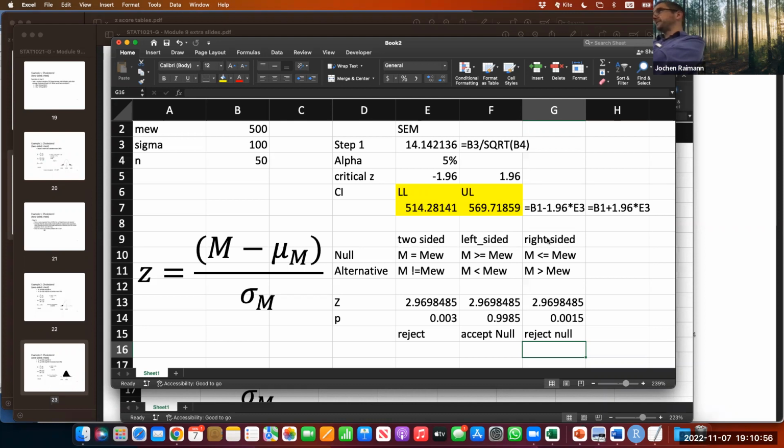Yeah, that's one of those concepts. But also two-sided, left-sided, right-sided. What you need to follow is the research hypothesis. It points downwards because you're hypothesizing that the difference between your sample mean and your population mean is actually pointing to the left.